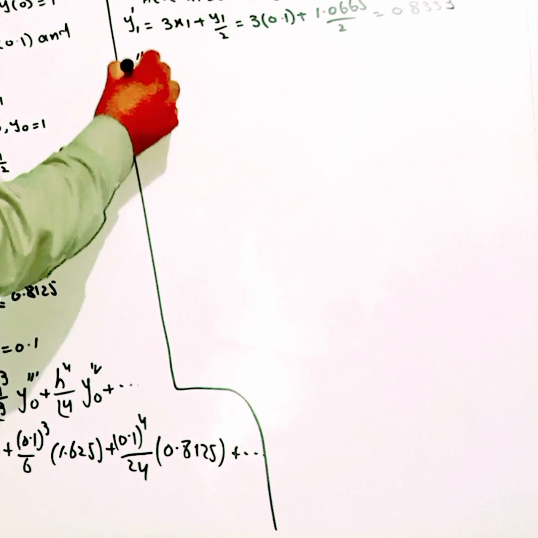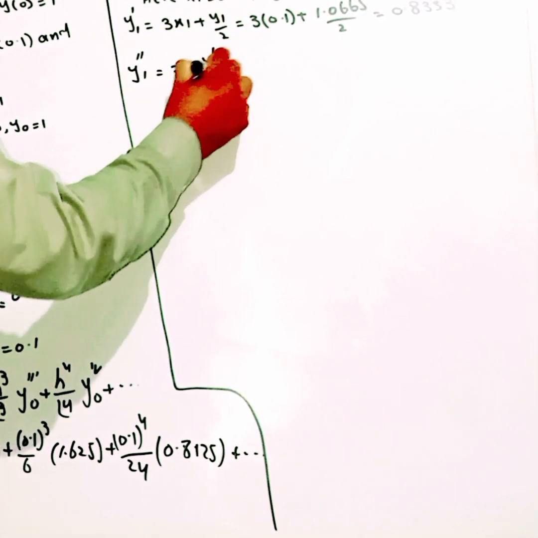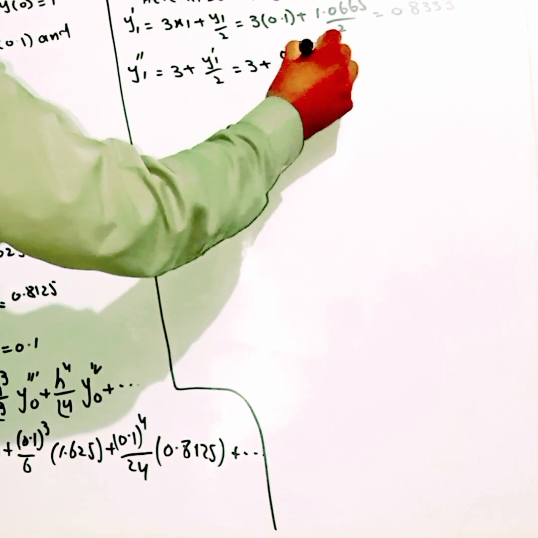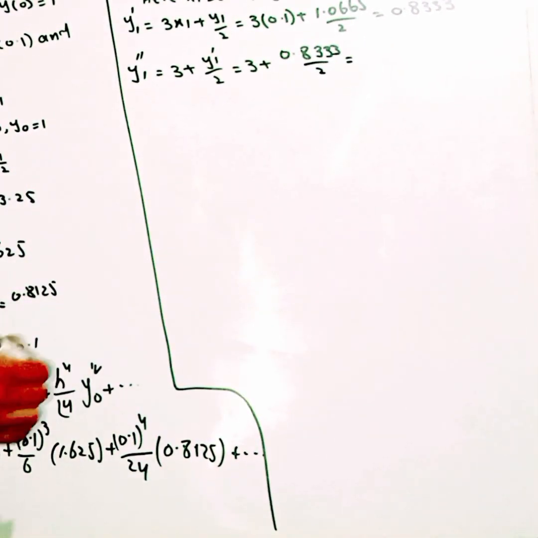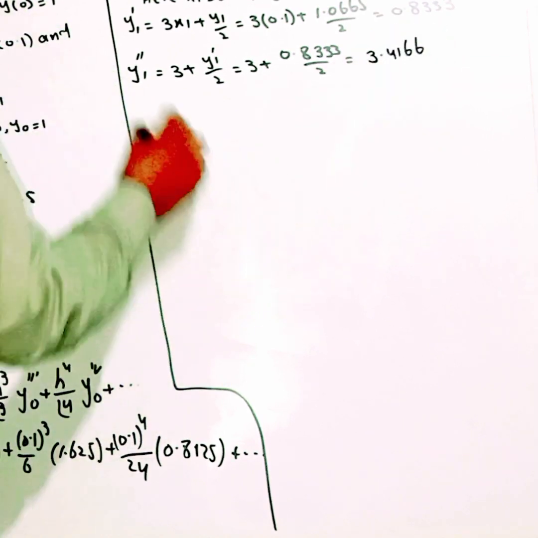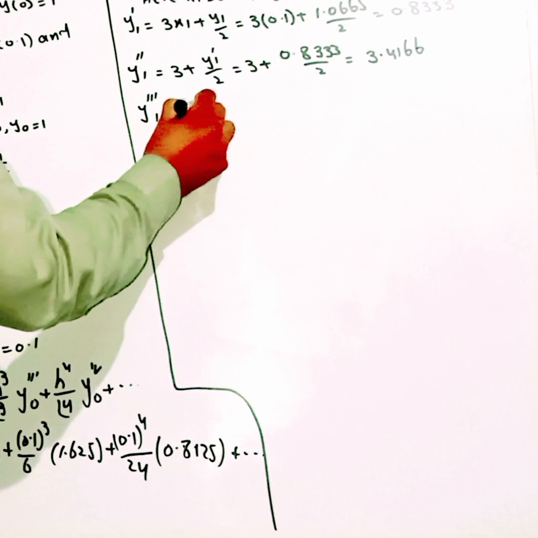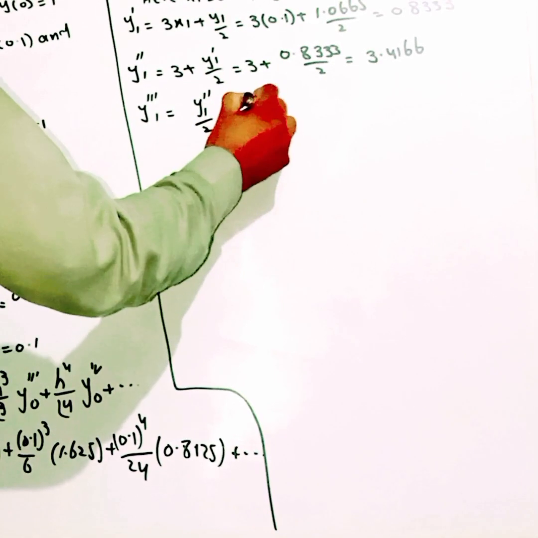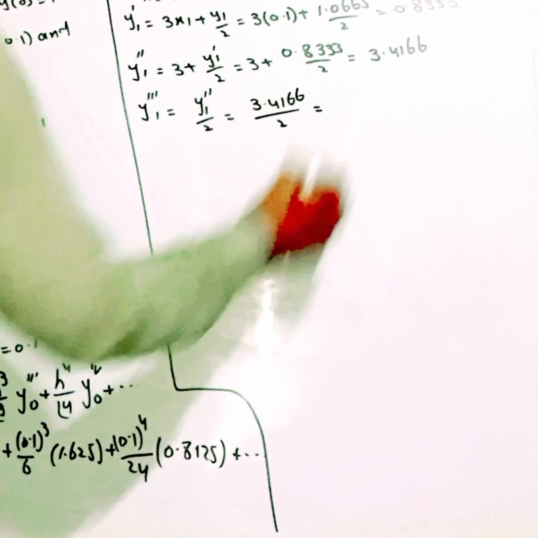Y double prime 1 is equal to (3 plus y prime 1) over 2, which is equal to (3 plus 0.8333) over 2, which is equal to 3.4166. Y third derivative 1 is equal to y1 double prime over 2, which is equal to 3.4166 over 2.